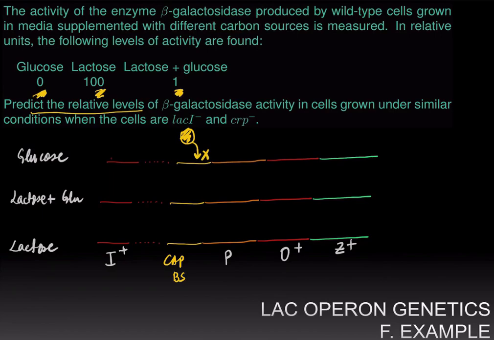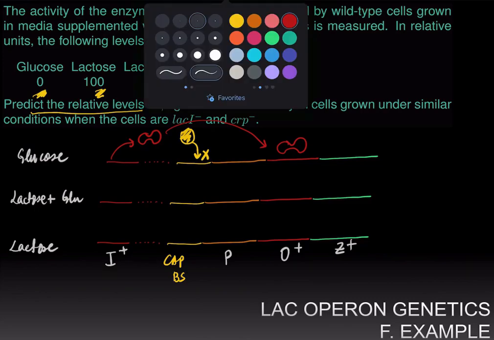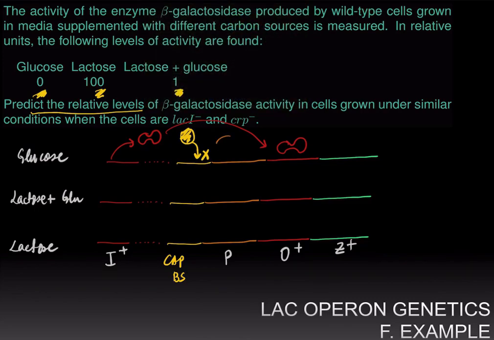The repressor is made by the Lac-I gene, and the repressor goes and binds the operator, since there is no lactose in the cell. And what that implies is that polymerase can't bind the promoter, resulting in an activity level of 0.